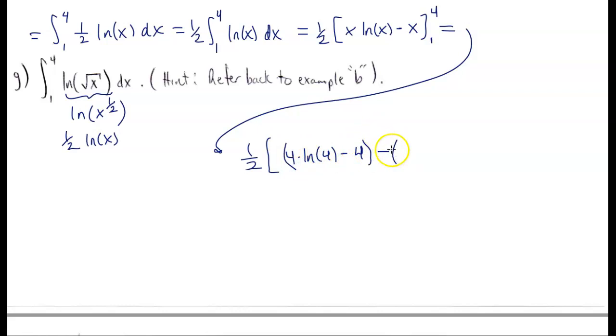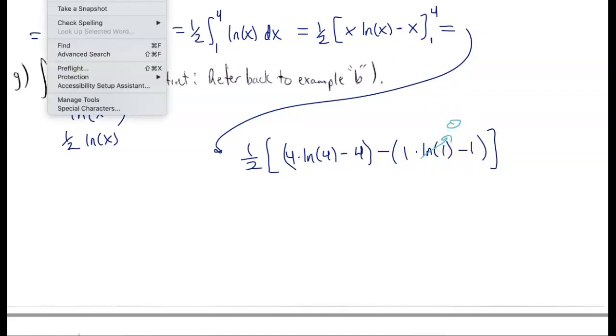And then after that, we'll plug in 1 everywhere we see x.